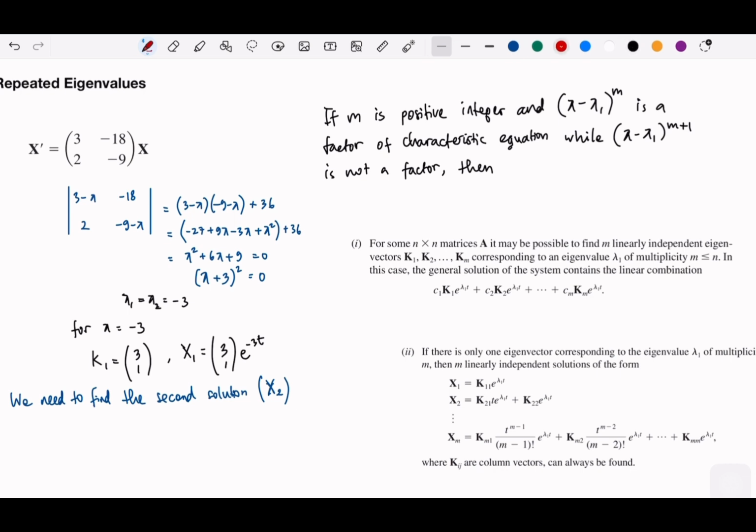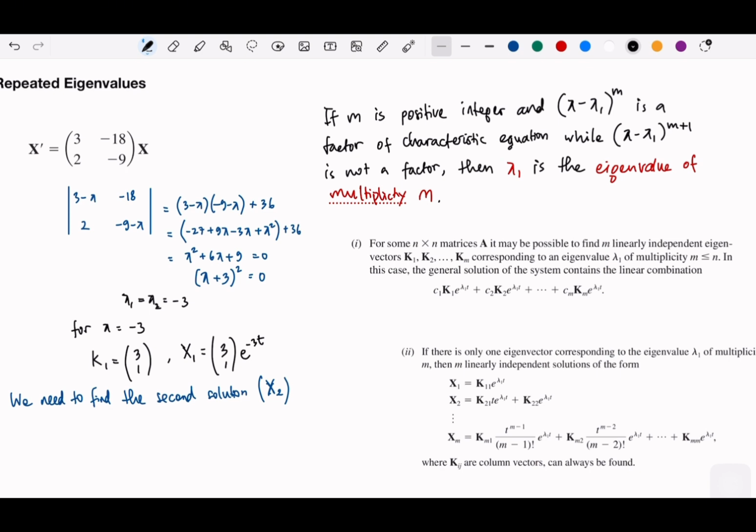then lambda 1 is an eigenvalue of multiplicity m. Okay. So for some n by n matrices, we can find m linearly independent eigenvectors k1, k2, up to km, depending on how many we have.